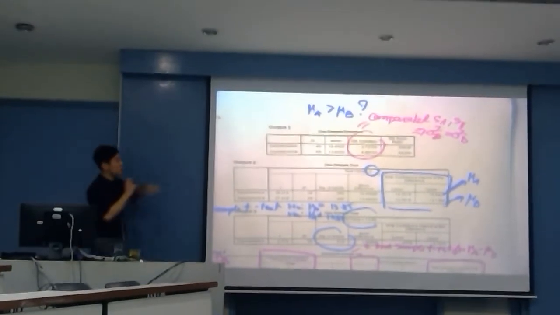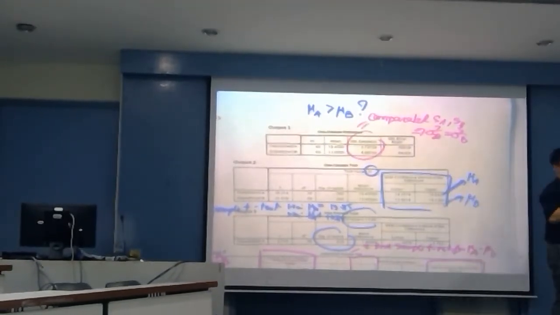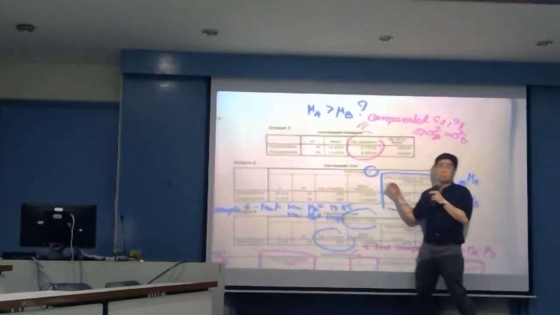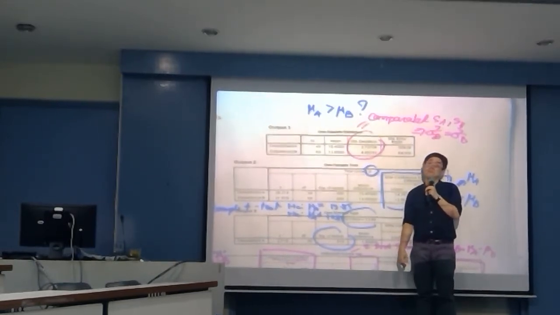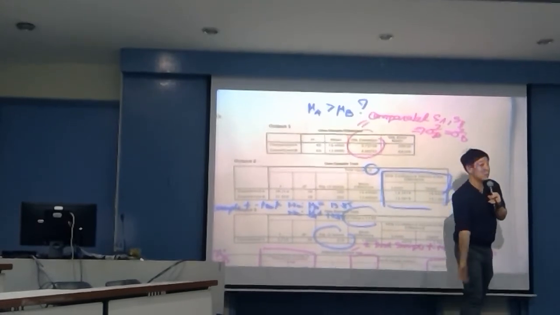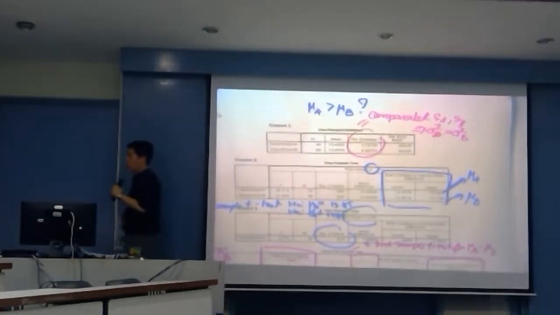Output 1 is this one. To be able to compare whether variances are the same or not, you have to talk about SA and SB. Are these two comparable? Yeah, comparable, then consistent. Because if they're comparable, variances are all the same. And that's output 1, where we talk about SA and SB.